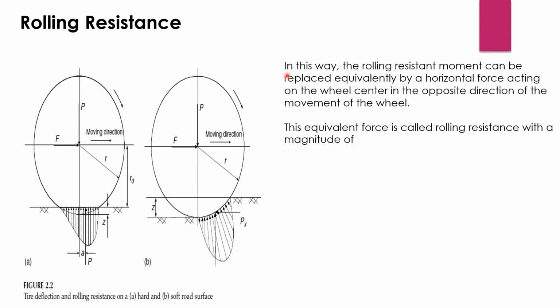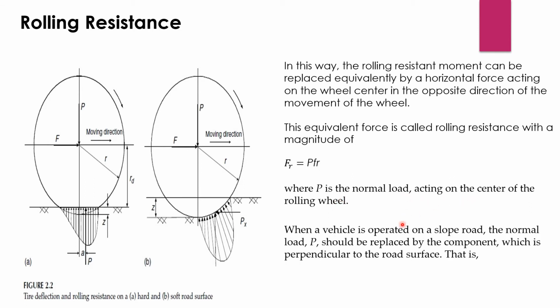In this way, the rolling resistance moment can be replaced equivalently by a horizontal force acting along the wheel center in the direction opposite to the movement of the wheel. This equivalent force is called rolling resistance with a magnitude of Fr equals P times fr, where P is the normal load acting on the center of the rolling wheel.